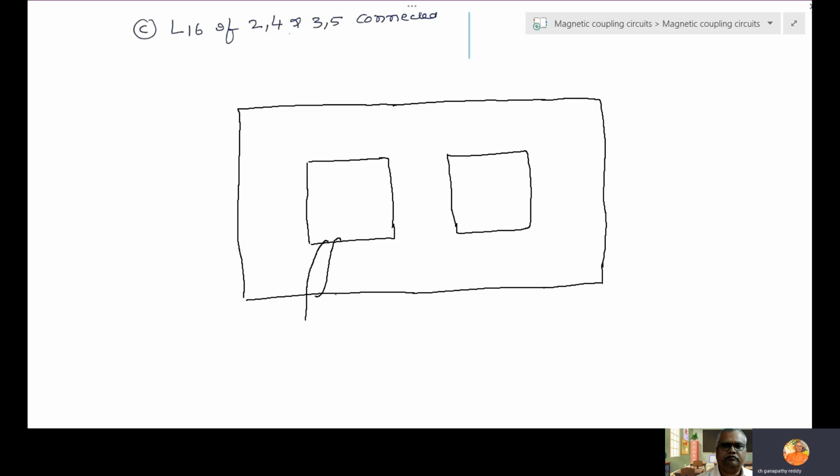This is one direction. This is one coil. I am calling 1, 2. Then the second coil is this. The direction is changed. 3, 4. 1, 2, 3, 4.